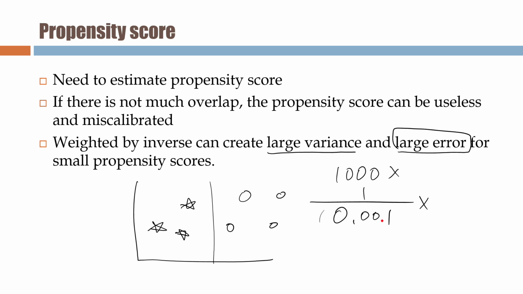So when you go to the end side of the data, your probability can be very low, and you are dividing by that really small number, you can have a really big number, right? So it may create a large variance and large error. That's the drawback of the propensity score.